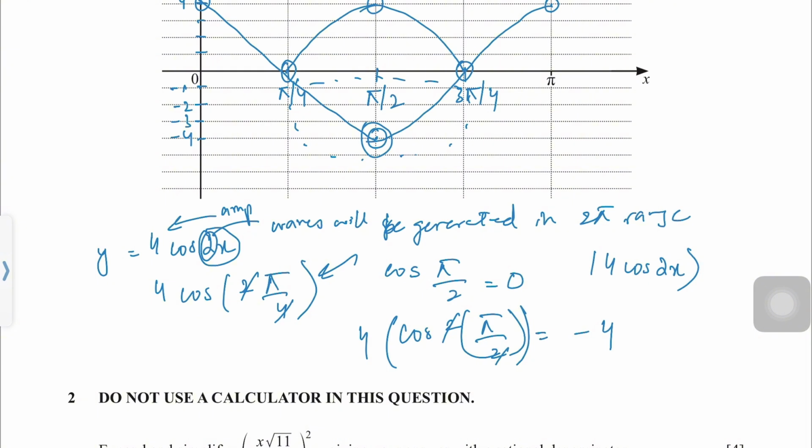So we will be excluding this graph. And the final graph would look like this. So this is our final answer.